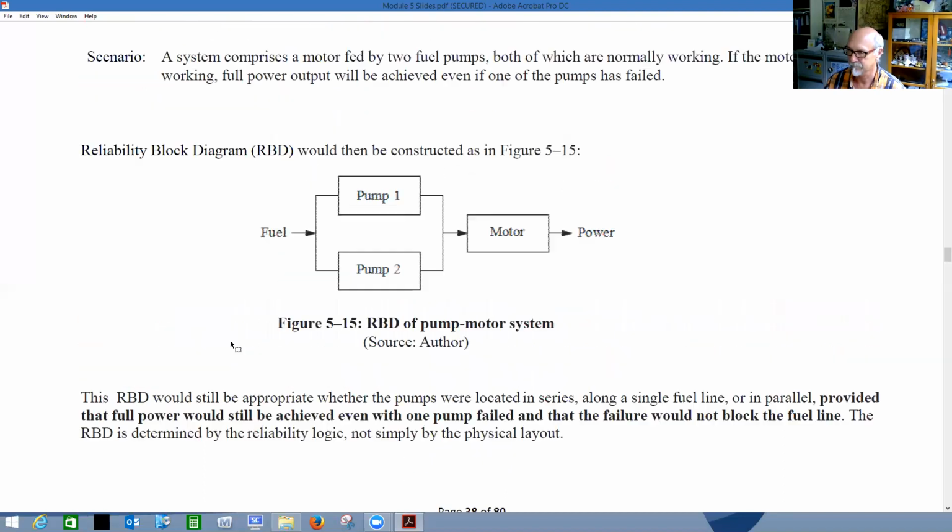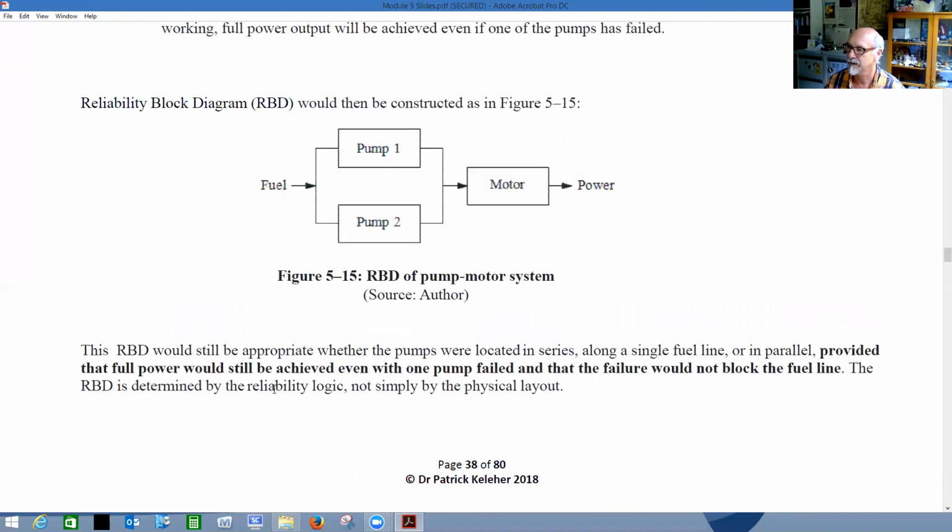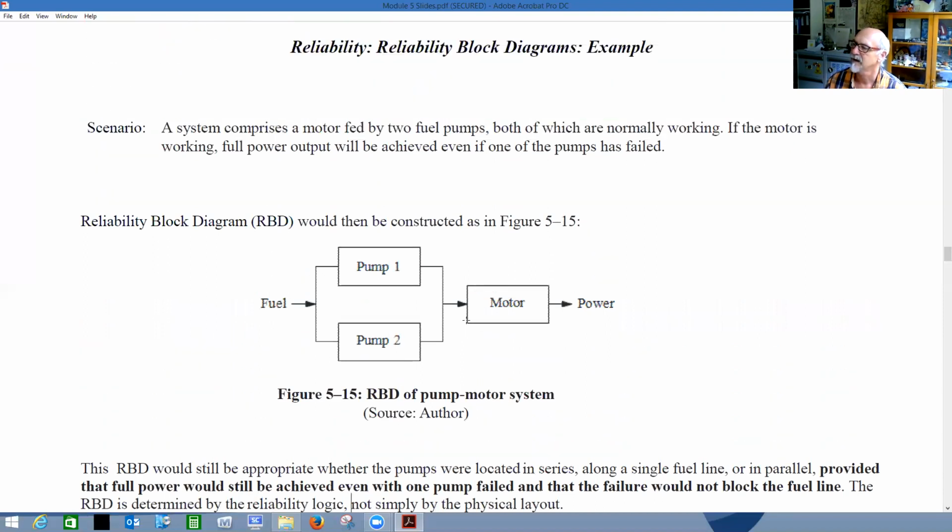The reliability block diagram is determined by reliability. Logically, is this thing reliable? Not simply by the physical layout. So in other words, these things have to be able to operate so that overall, we don't really see a decline in the functionality of the overall process.